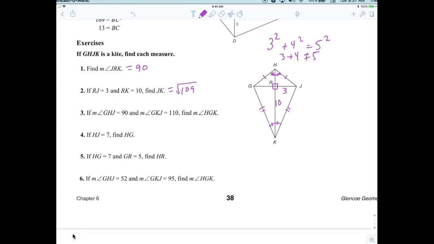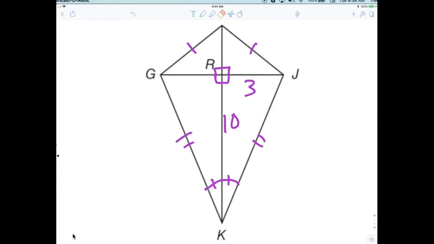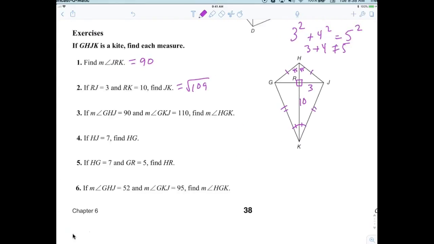All right. So again, angle GHJ is 90. And so if that's 90, that makes them both 45. That's 45, and that would be 45. Angle GKJ.